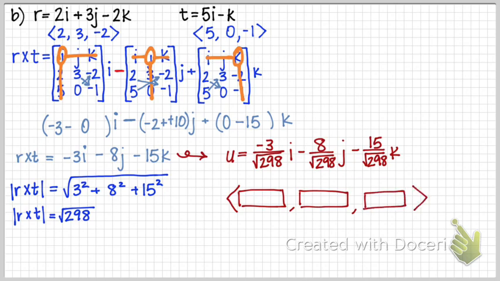So the first will have -3 over square root 298. Just as a reminder, your square root is option V. Over here, you'll put negative 8 over square root 298. Over here, you'll have negative 15 over square root 298. All right, guys, I will see you guys later.